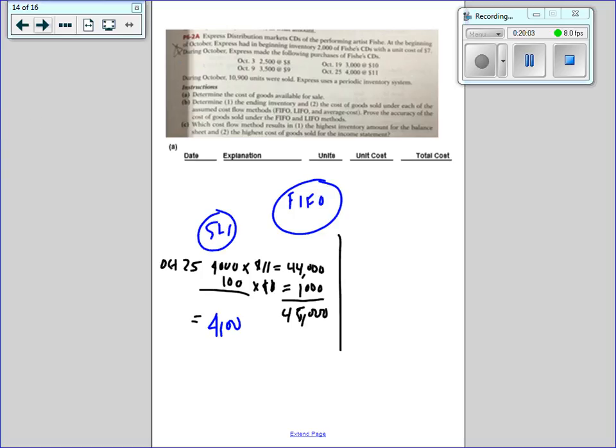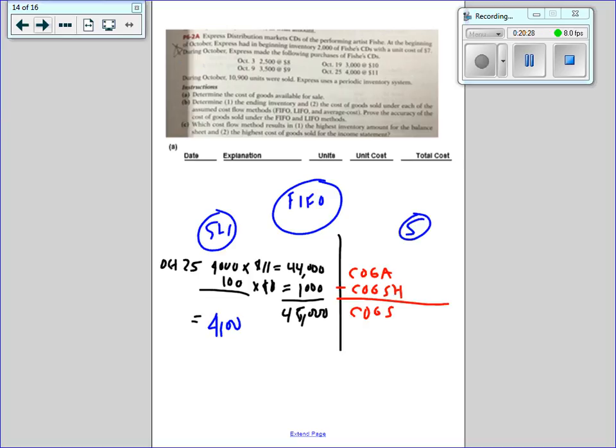Then I can roll over onto this side and say, all right, well, what's my cost of goods sold? I'm going to take cost of goods available minus what's still here, to equal cost of goods actually sold and gone. Two of those numbers are super easy because they're right there on the page.